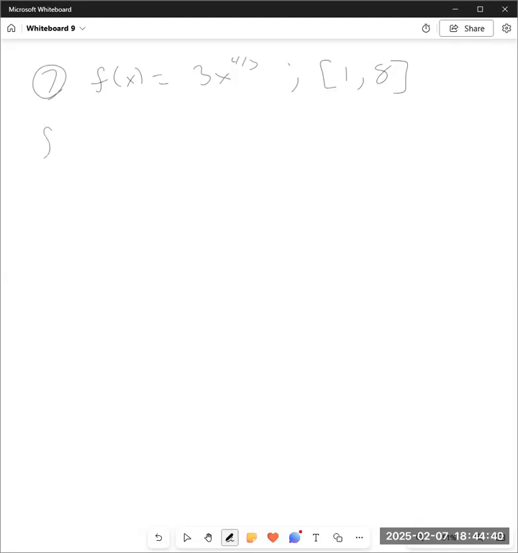So let's try f of 8 minus f of 1 over 8 minus 1, which is going to be 3 times 8 to the 4 thirds minus 3 times 1 to the 4 thirds over 8 minus 1, which is 7.